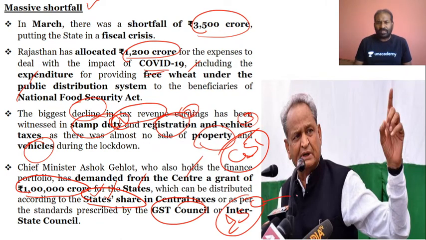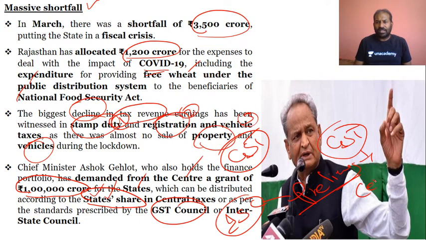And this is again important from a prelims point of view. There could be a question based on GST and the center-state appropriation, what is there in the GST council and what points are in the interstate council. So this could be a probable question.